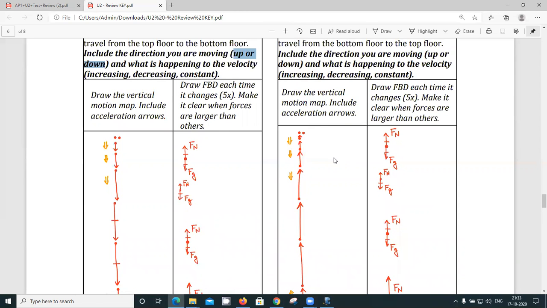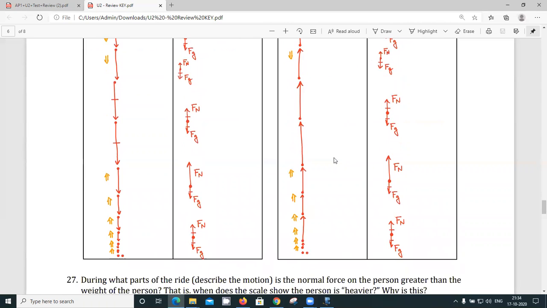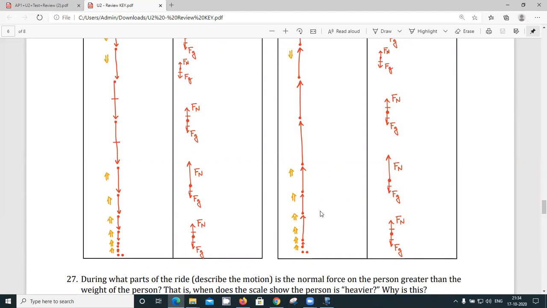I have a question, though it isn't about this. If you have an object and you want it to move and you're going to write an F-net equation, does it have to be equal to 0 newtons? No, F net is m times a. That's always true. And when a is zero, F net is zero.